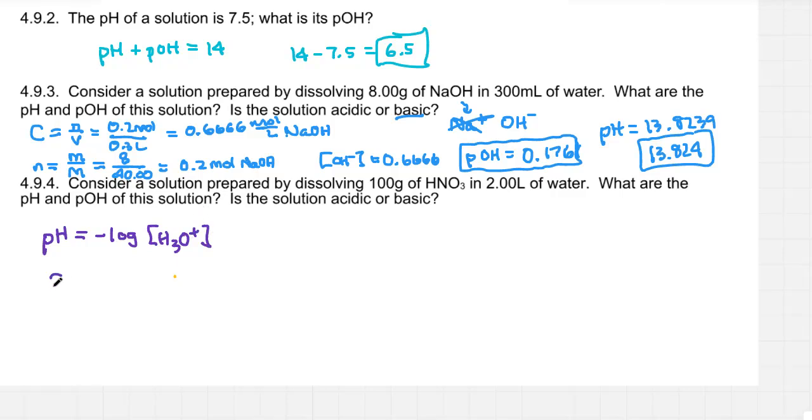I could get the concentration of the acid if I did number of moles divided by volume, but I don't have the number of moles. I could get the number of moles if I do mass over molar mass. Our mass is 100 grams of nitric acid. And I feel like I should know the molar mass for this, but I don't. Hydrogen, 1.01. Nitrogen, 14.01. 3 oxygens, 48. 63.02.